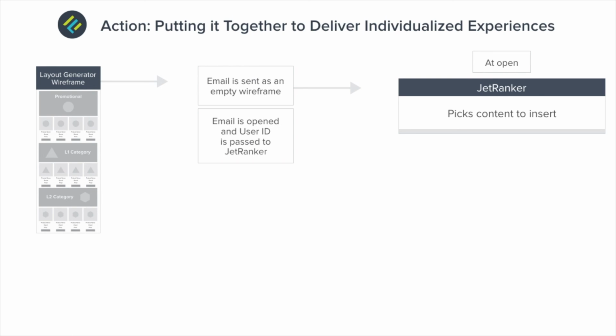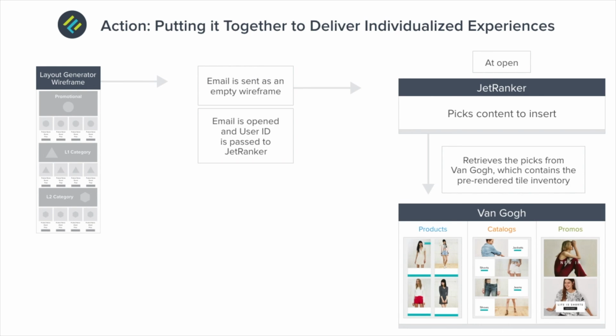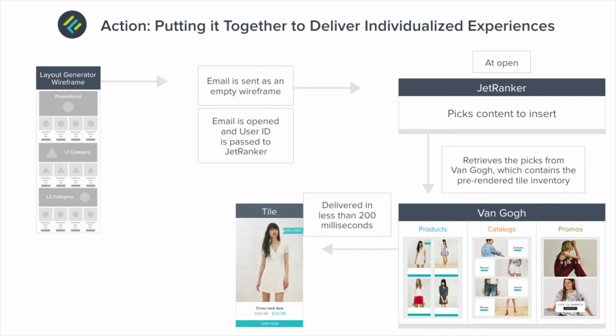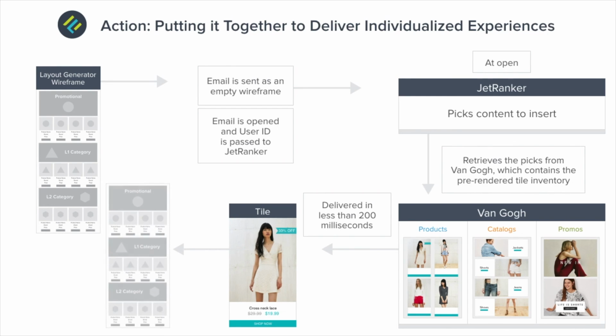And crucially, it is able to retrieve that content which has been pre-rendered from Van Gogh, whether it's products or catalogs or promotions. And then, in less than 200 milliseconds, it does all of that and delivers it into that email wireframe from the layout generator. And that is how you can mass individualize email for customers.